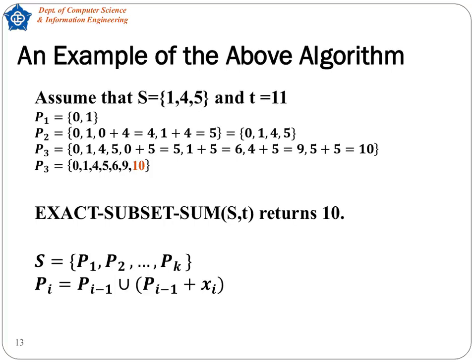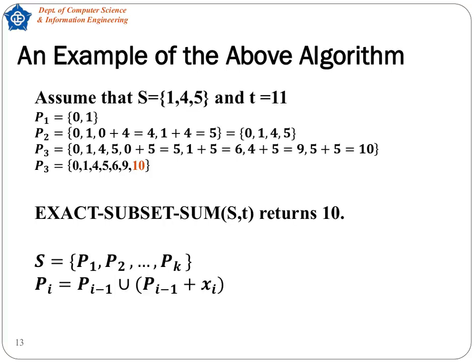Since 11 doesn't appear in P_3, we can't reach the target exactly. Instead, the algorithm returns the maximum achievable sum at or below t, which in this case is 10. In general, at each step we build P_i equals P_{i-1} union P_{i-1} plus x_i, accumulating all reachable sums as we process each element.